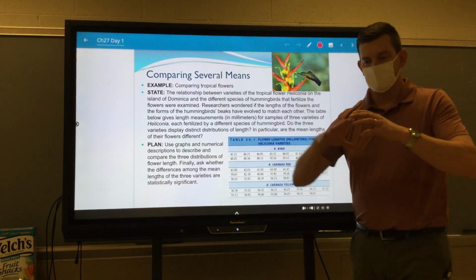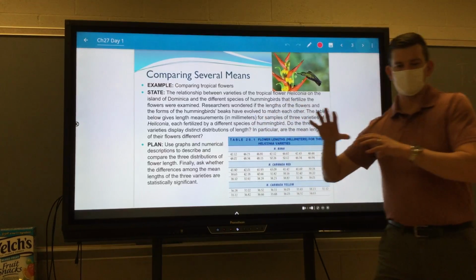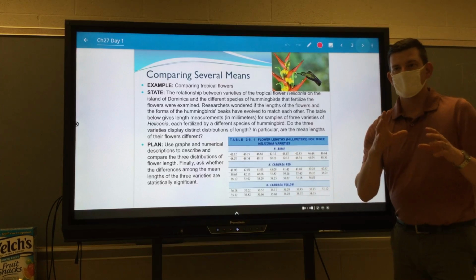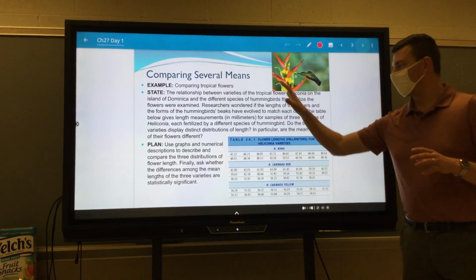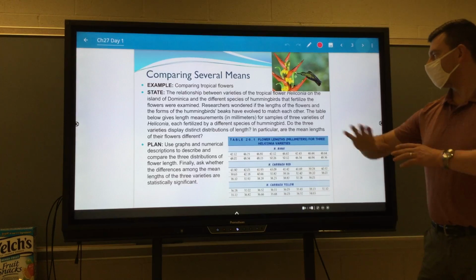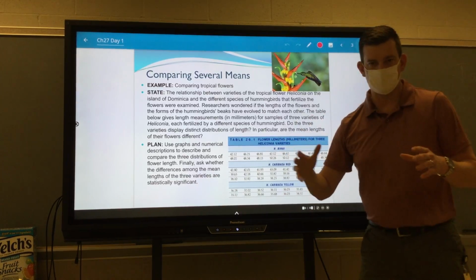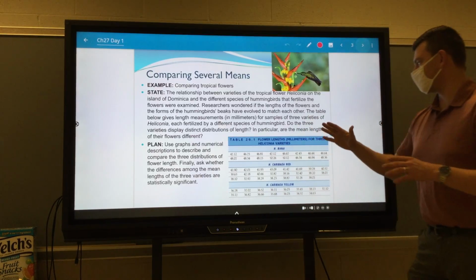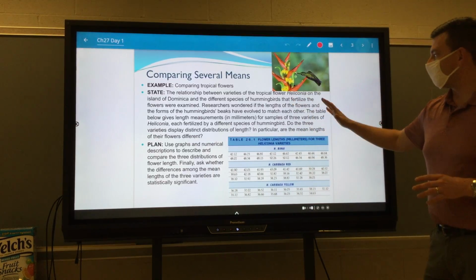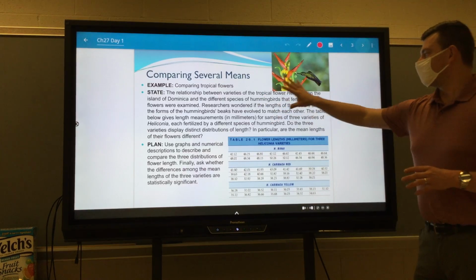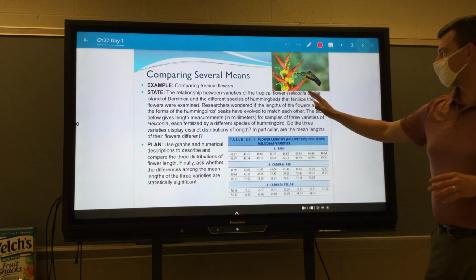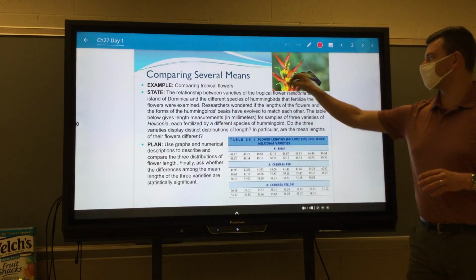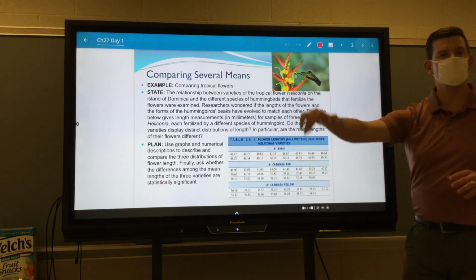Because this island is fairly isolated, we're talking about a little Darwinism here: over the span of centuries or millennia, my evolutionary biology is a little rusty here, these different species of hummingbirds have evolved so that they can fertilize specific types of these flowers.